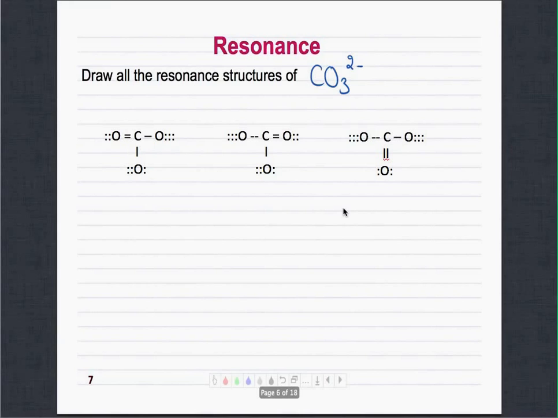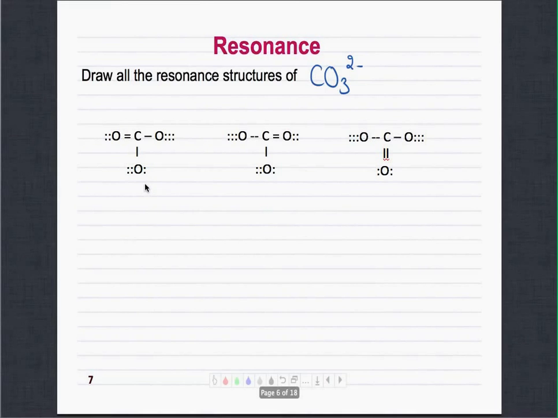In this case, I simplified it for you and said, look, those lone pairs can be anywhere. But what if you have the Lewis structure like this? That means you already wrote the right Lewis structure, and you're asked to draw all the resonance structures.